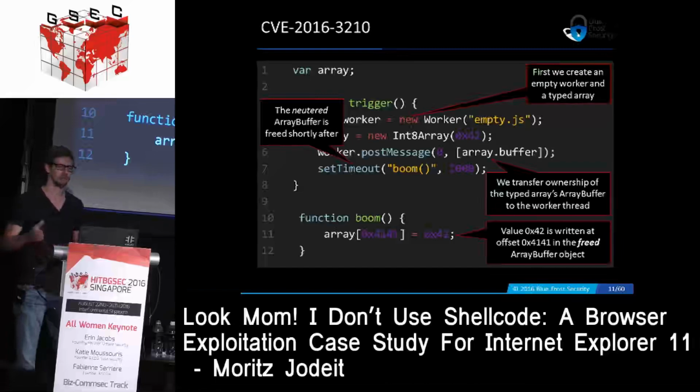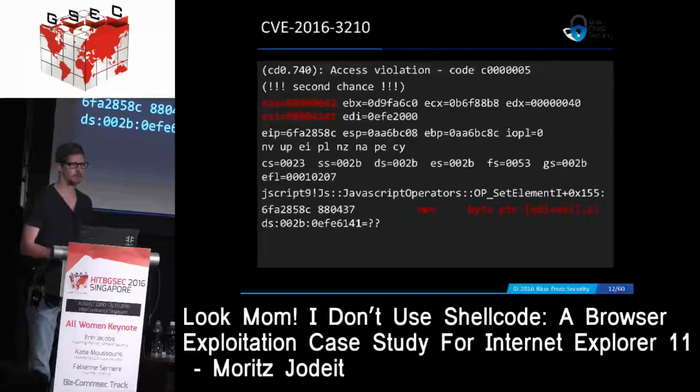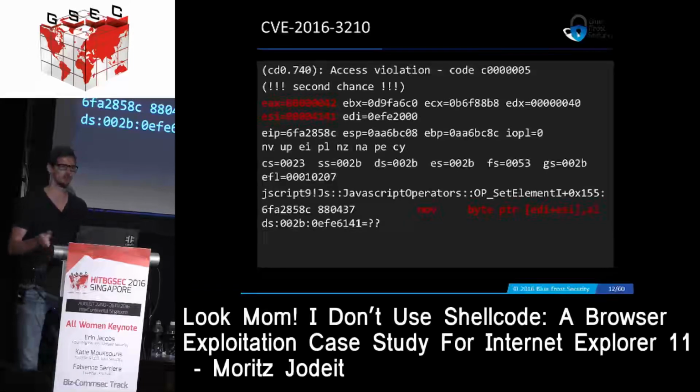We can read from it, we can write to it, so we have good control over the freed memory. If you enable page heap, for example, you get this. As you can see here, we are writing a single byte to the freed memory, and in this case, we control the offset, which can be found in the ESI register.